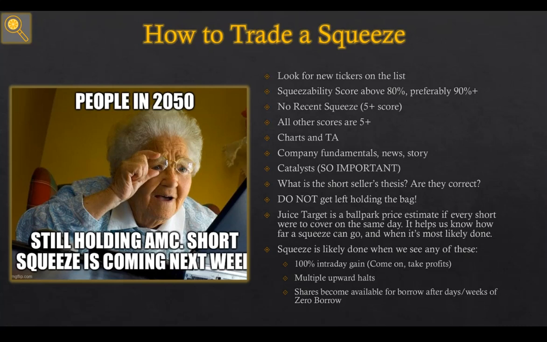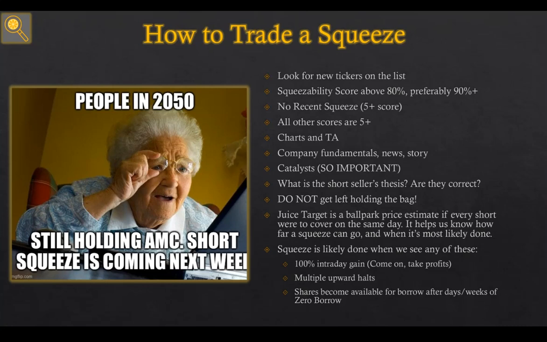Once that score drops from 20 and recedes a little bit, that's a good sign that pressure is easing up and short shares are now available for borrow. So it's putting that ammunition back on the shelves for those shorts and giving them some ammo to fight with.